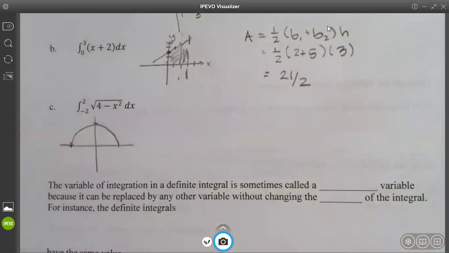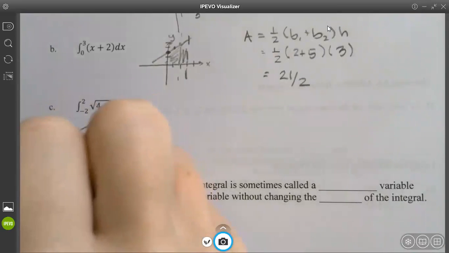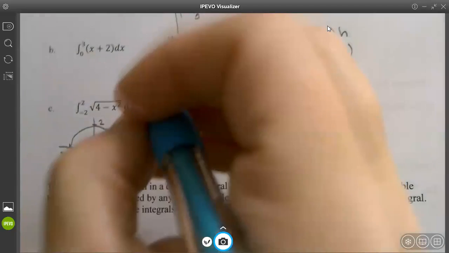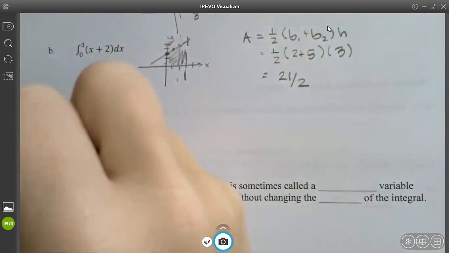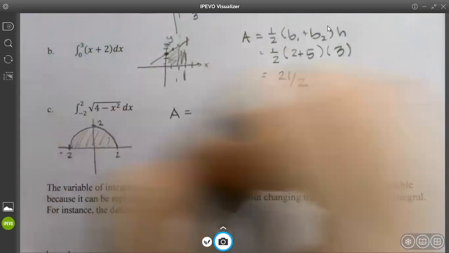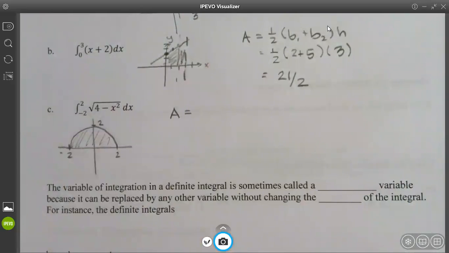Circle is basic. This is half a circle. It's okay. Same thing. Half circle, semicircle. That stretches from -2 to 2 and it goes all the way up to 2. It's a tough one for you guys.